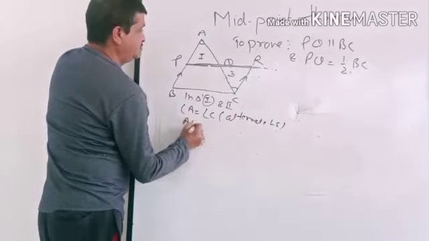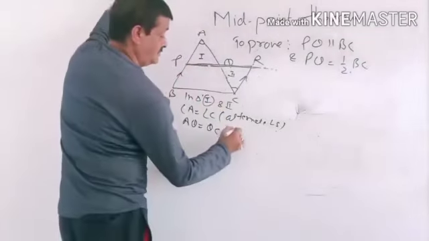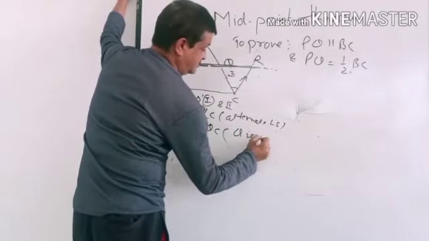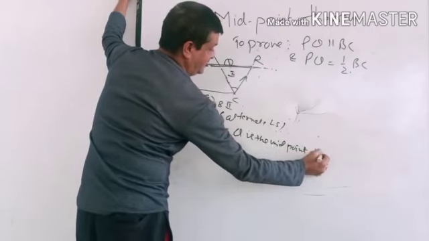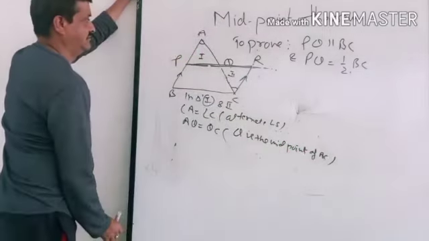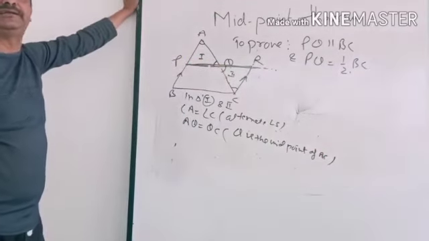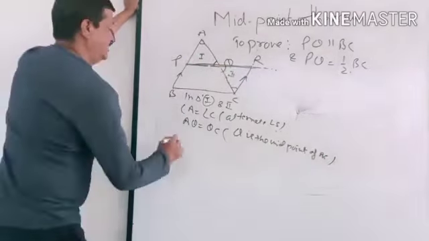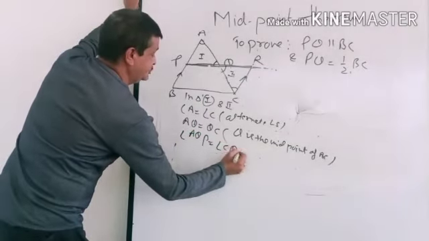AQ is equal to QC. Why? Q is the midpoint of AC. And the third one, what we are getting: this angle is equal to this angle. Vertically opposite angles are always equal. Angle AQP is equal to angle CQR.